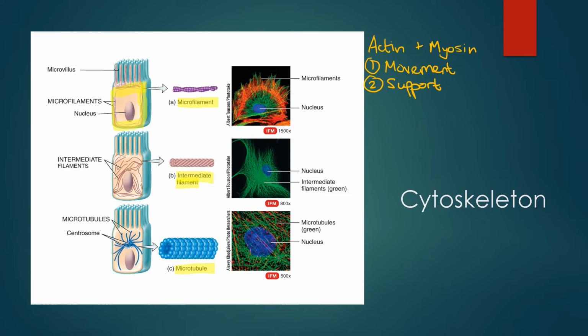Now, with respect to movement, they help in things like muscle contraction, cell division, and also cell locomotion, or the whole cell moving locations. Now, like I said, they also do provide mechanical support. This would be support for things like cell extensions like microvilli.